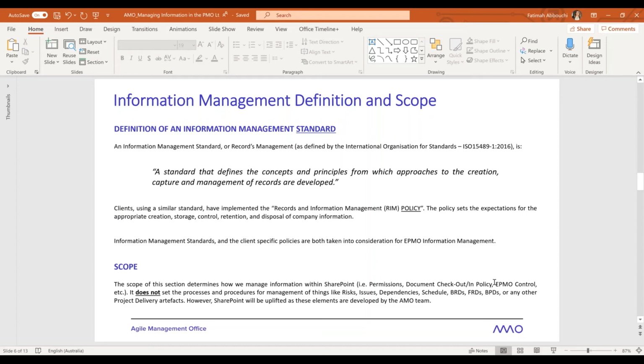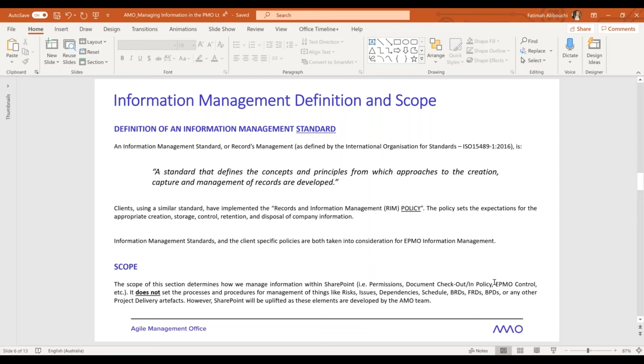I can't tell you how many times we've found that the root cause of many of the frustrations and problems within a particular team is people not knowing where things are, not having access to the right information, having the wrong permissions, not having access to log on to a particular site, not knowing how to use a particular tool, and so forth. So it is a real big challenge. And I think that if projects and PMOs had consistency and clarity over that process, they would be more likely to increase their productivity, because they would have a standard to reference, and that standard hopefully is embedded within your team.